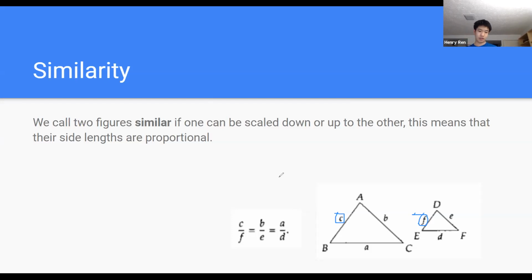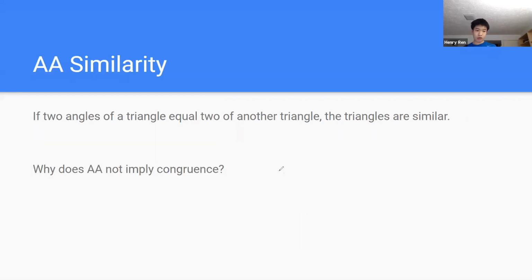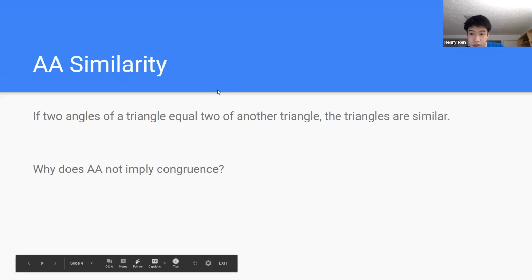All right, AA similarity. A stands for angle. If 2 angles of a triangle equal 2 angles of another triangle, then the triangles are similar. This makes sense, right? Let's go back to the other slide.